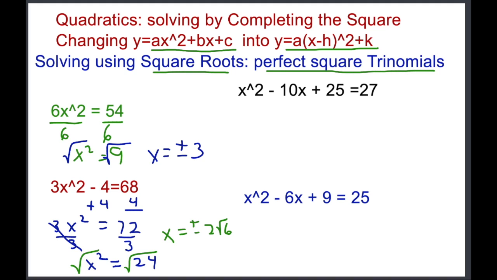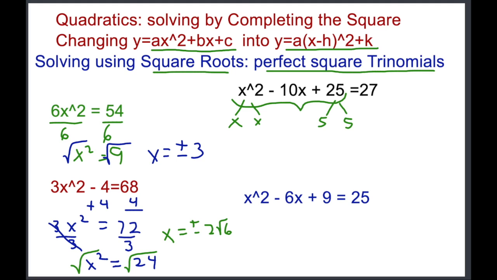The next problem we're going to do requires a knowledge of the perfect square trinomial. Now you'll notice in this next problem that the term right here is a perfect square trinomial. That is, the first term has a square root, and the last term has a square root.